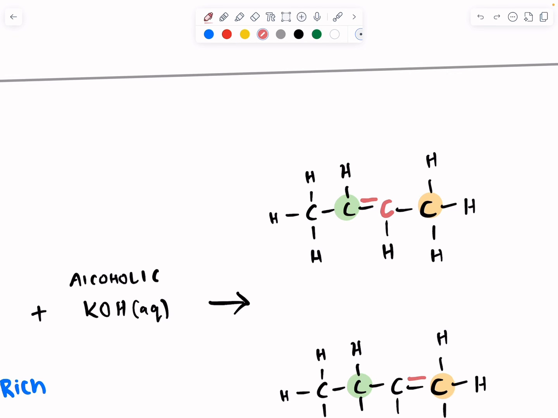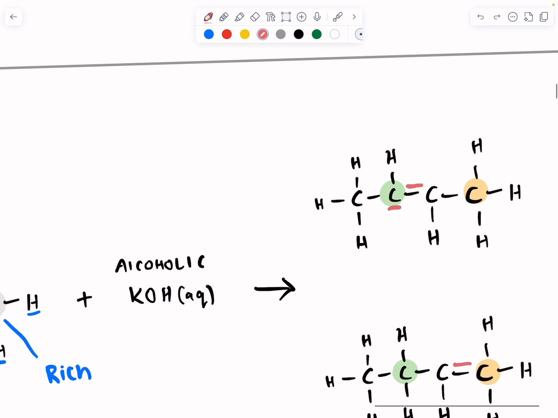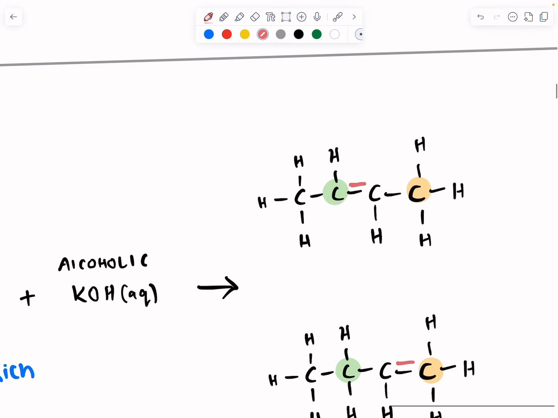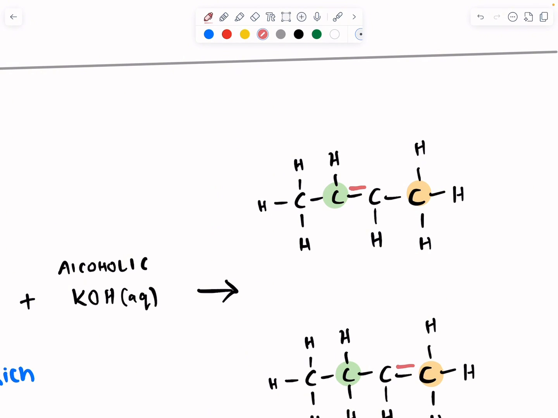This carbon's pretty happy, it's got 4 bonds around it already. We know that this carbon here was the poor carbon, and because it experienced a loss, it got poorer in hydrogens. We know if the poor gets poorer, this is the major product.